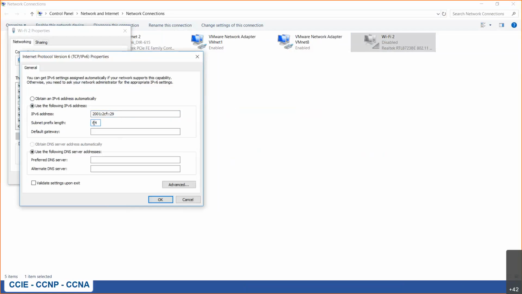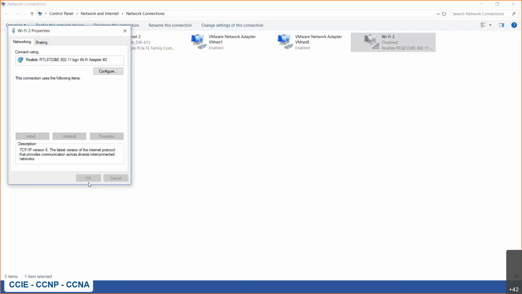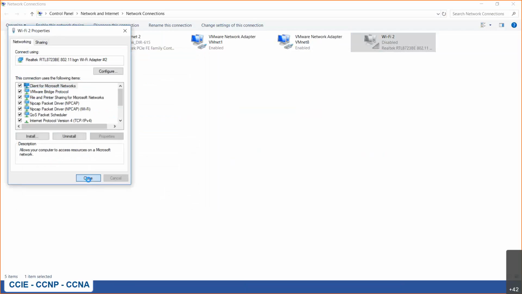Subnet prefix length is what? 64. For default gateway, you can use 2001 colon 2CF double colon 1, the first usable address. You can click okay. Close it.